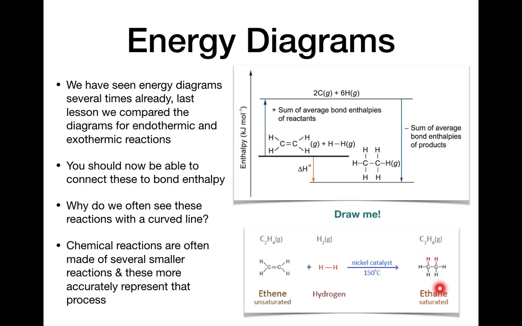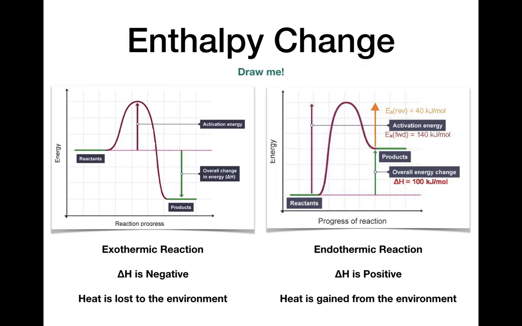It's not an instantaneous change. So the curve more accurately represents that whole process and shows the activation energy in a more visual way. While we sometimes see them as just flat lines, with reactants or products higher, oftentimes you see them like this.